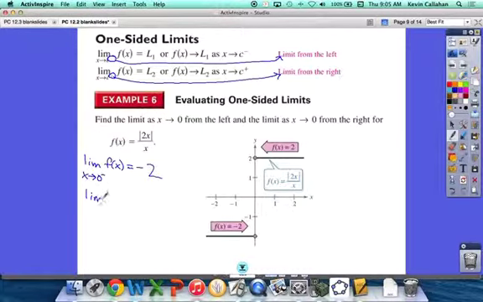And then we can do the right-handed limit. And we would say +2. Now, they didn't actually ask us, does the limit exist? They just asked us for the left-handed and the right-handed limit. Okay, there they are. Now, if they ask us the next question, is there a limit as x approaches 0 of this function? You would say no, because these have to be equal in order to have a limit, and they're not.